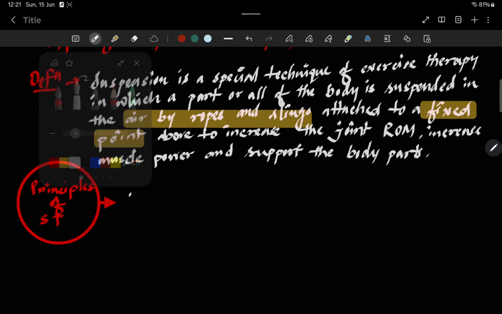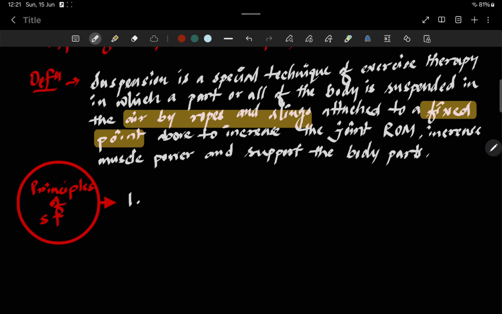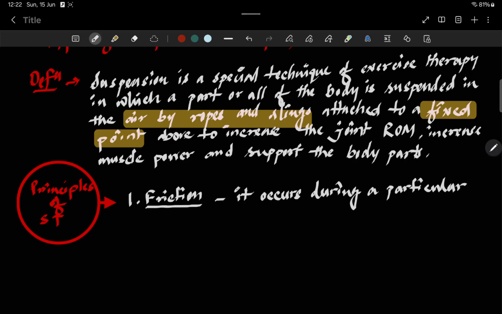Number one principle is the friction. In friction, it occurs when a particular surface moves on another.